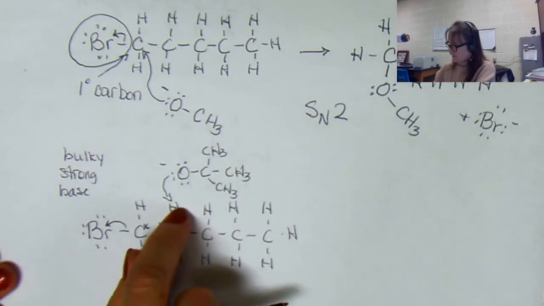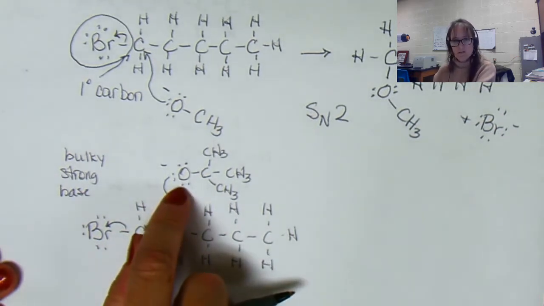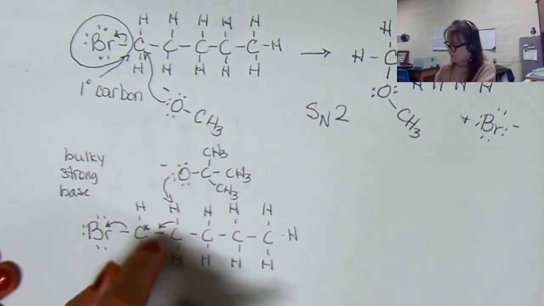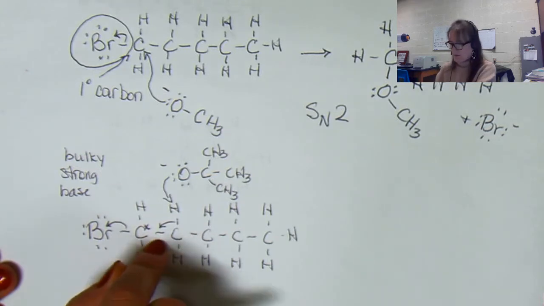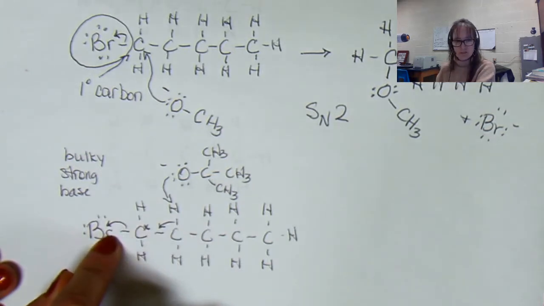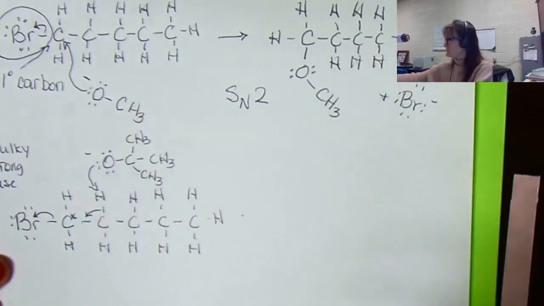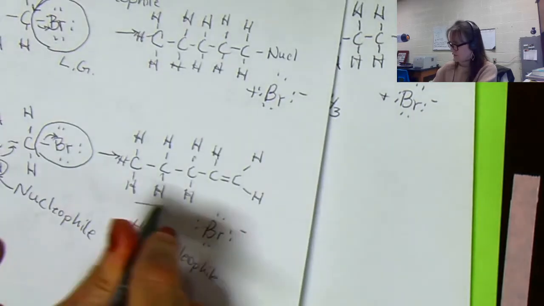And so this bond between the carbon and hydrogen breaks, and this hydrogen is going to bond to this oxygen to form an alcohol, tertiary butanol. This pair of electrons will then go and form a bond between the first and second carbon and force the leaving group to leave with its electrons. So we end up with this product here.